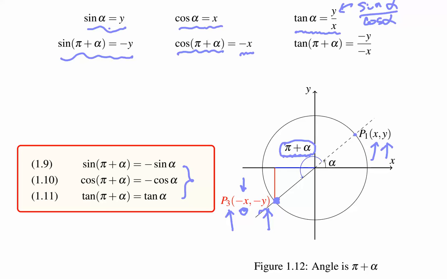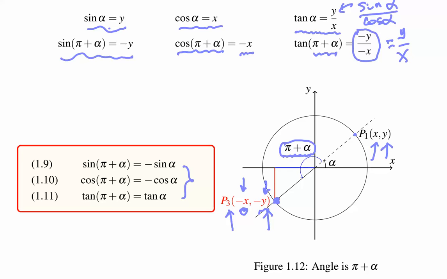Then tangent of pi plus alpha will be the y-coordinate over the x-coordinate, which is negative y over negative x, equals y over x, because a negative divided by a negative is positive.